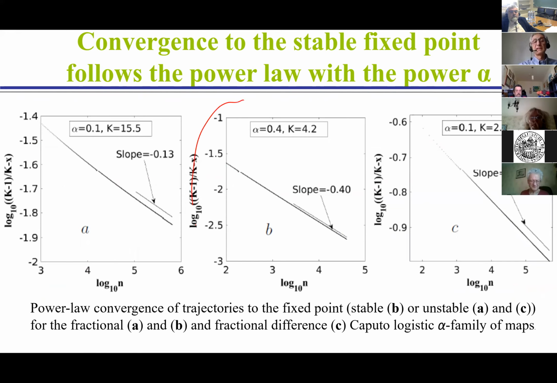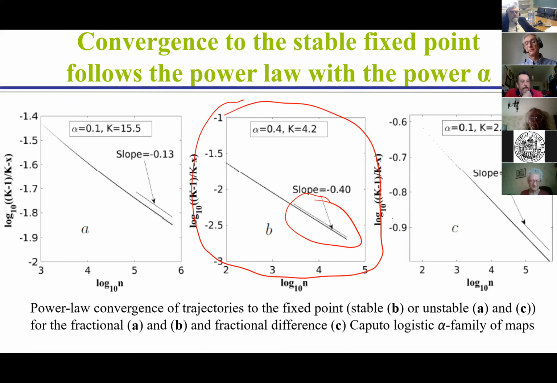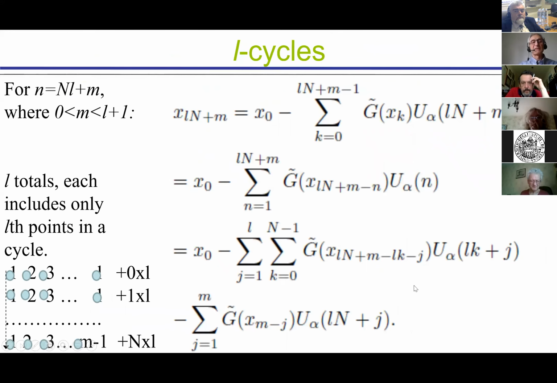For example, here it's the case of an unstable fixed point, an unstable period 2 point, and the system first converges to this unstable fixed point, but then at a certain point, after almost 100,000 iterations, it breaks. Okay, so this is a fundamental feature of those systems with power law memory.